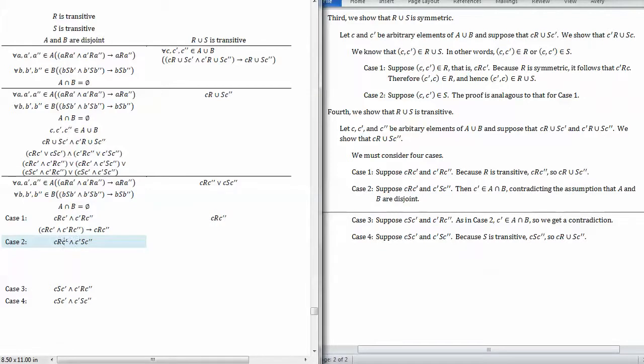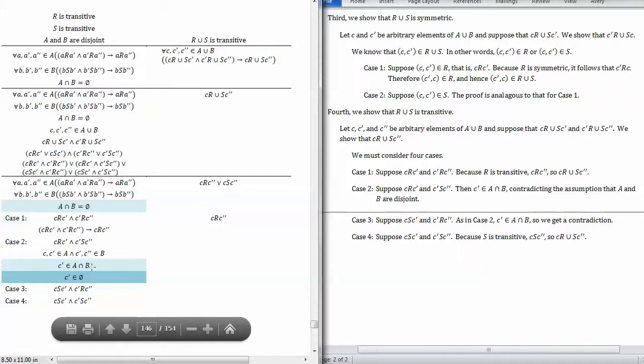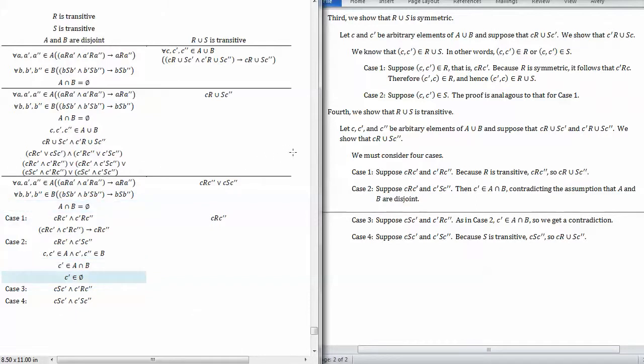They connect up at the C prime, and that can't happen because C prime can't be in both A and B. Okay, so we could deduce from that C and C prime are in A, C prime and C double prime are in B. In particular, C prime is in both, and well, okay. So one way of getting a contradiction here is to say, okay, we said that A intersect B is the empty set, so I've just shown that C prime is an element of the empty set, which is certainly a contradiction. Okay, so that case can't happen.